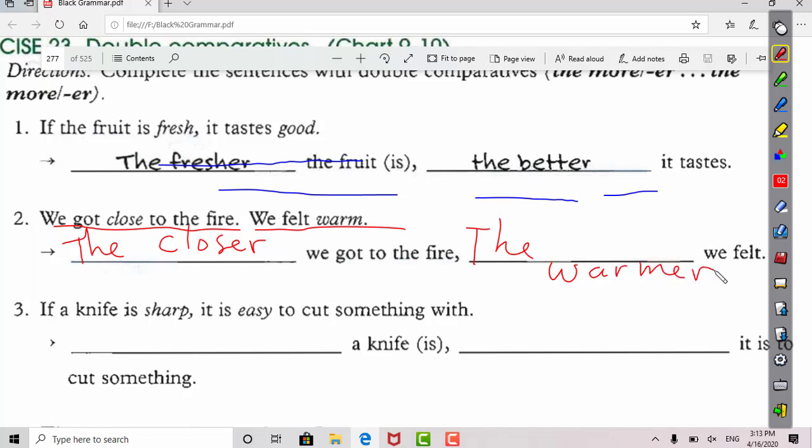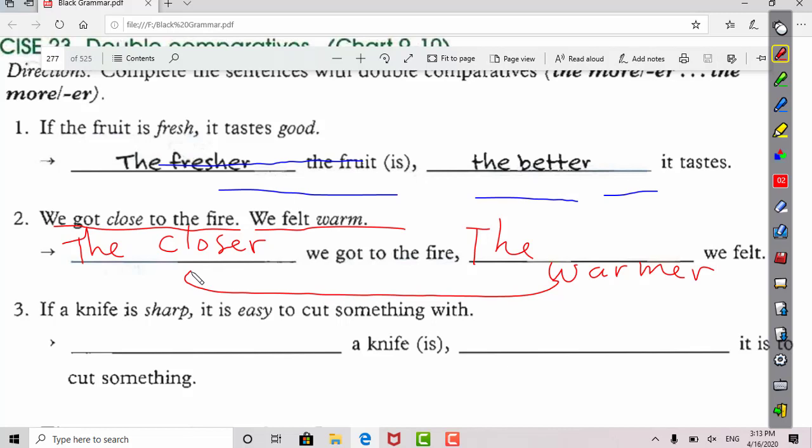So this one, the warmer here is the result of the closer, because you got closer to the fire, the warmer you felt. So the second statement is the result of the first statement.